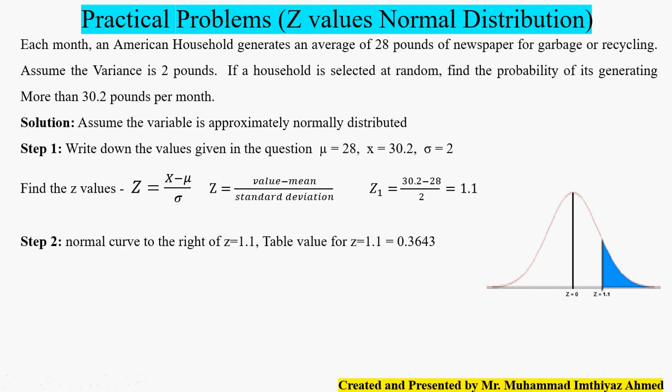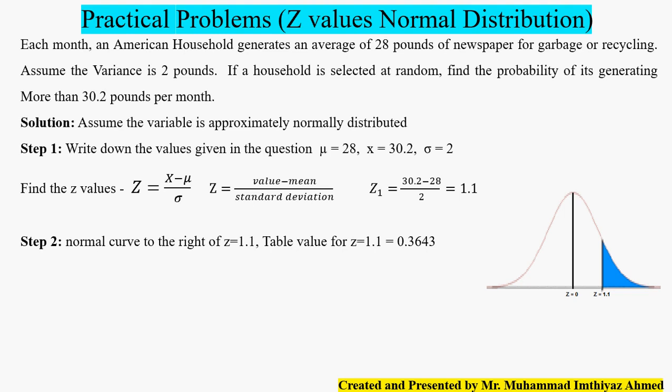Step number 2, normal curve to the right, z is equal to 1.1, that is our answer what we arrived. We need to find table value for z is equal to 1.1. So when you find the table value, you will be getting 0.3643.